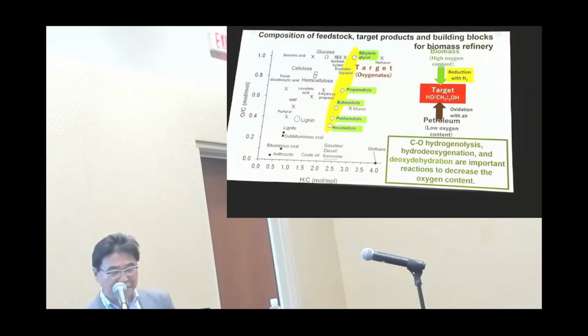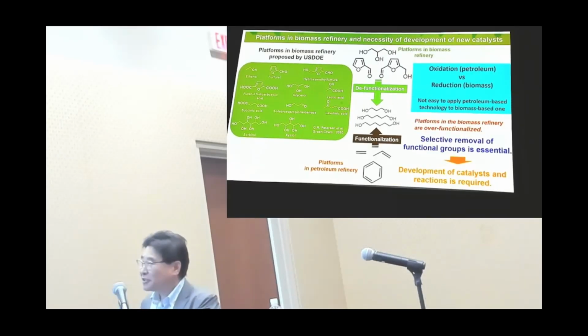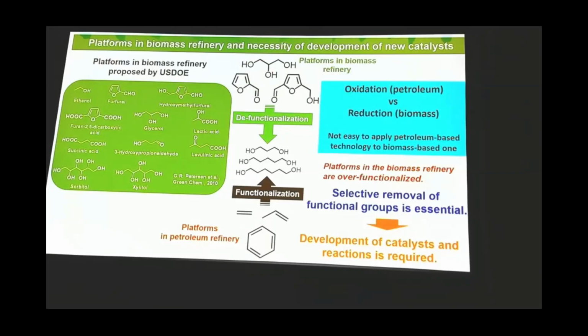Recently, therefore, C-O hydrogenolysis, hydrodeoxygenation, and deoxydehydration, in particular with hydrogen as a reductant, are more important reactions to decrease oxygen content. These are the platform chemicals in the biomass refinery proposed by the US DOE.